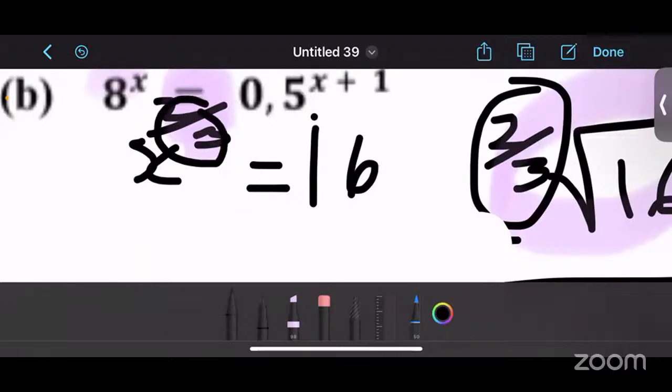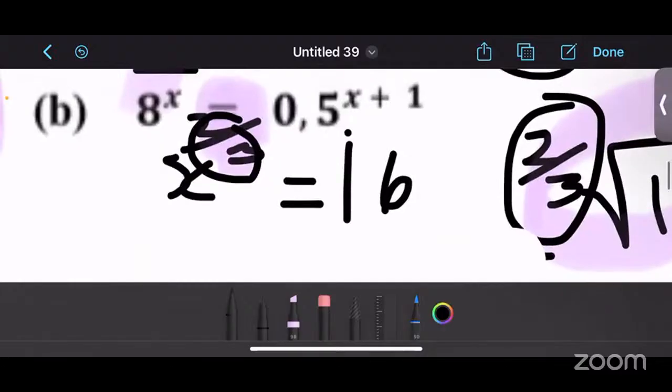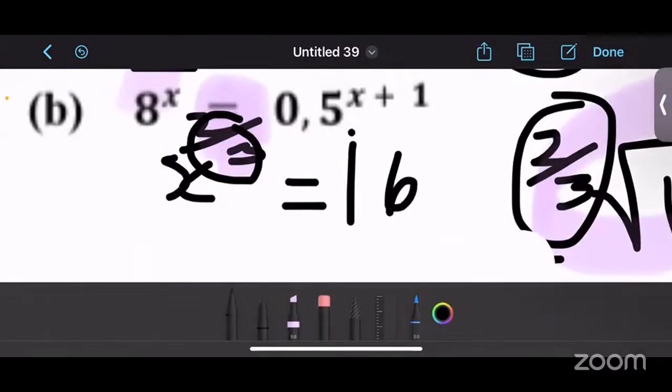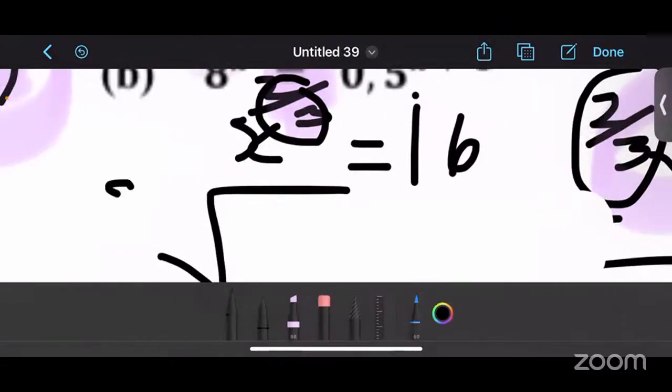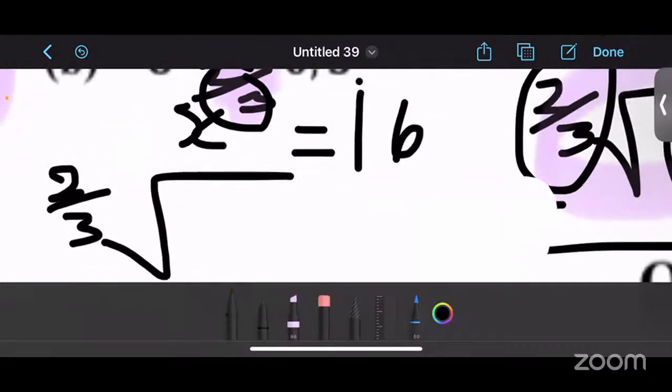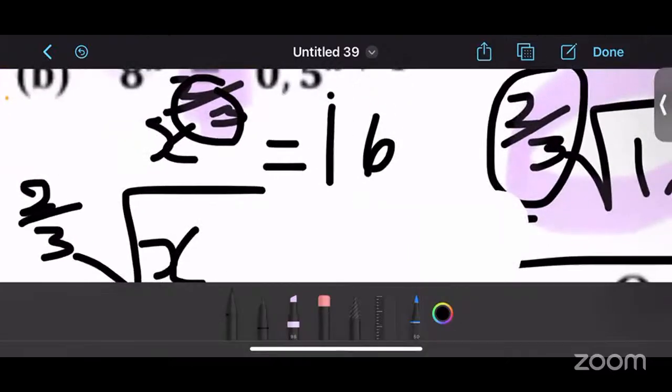So we're going to introduce the 2 third root, so x to the power of 2 over 3.